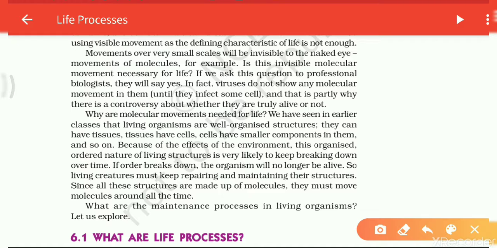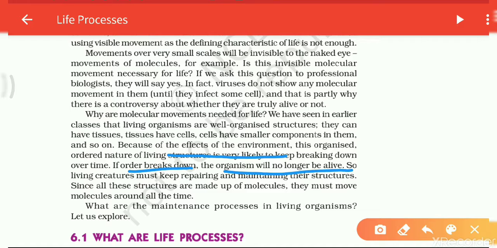Because of the effects of the environment, sometimes some molecules or some cells break down. When the cells break down, the organism will no longer be alive.